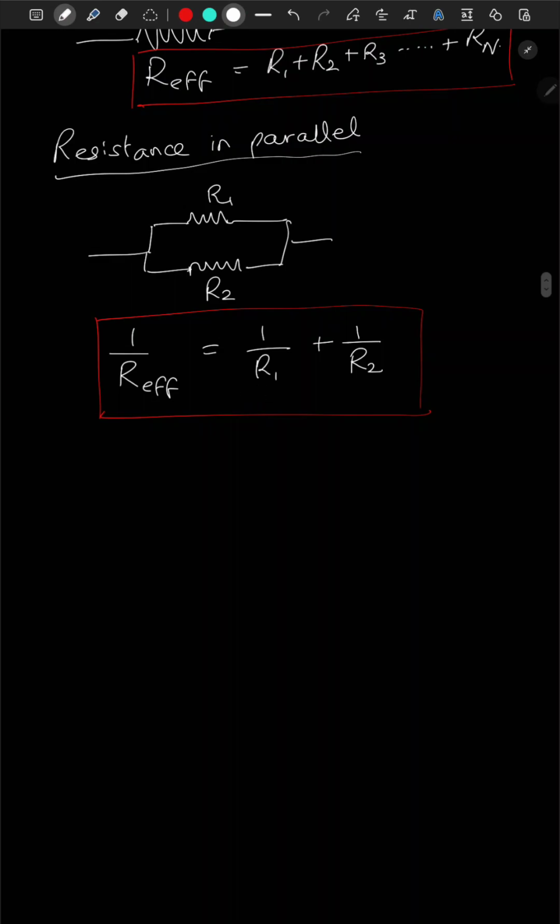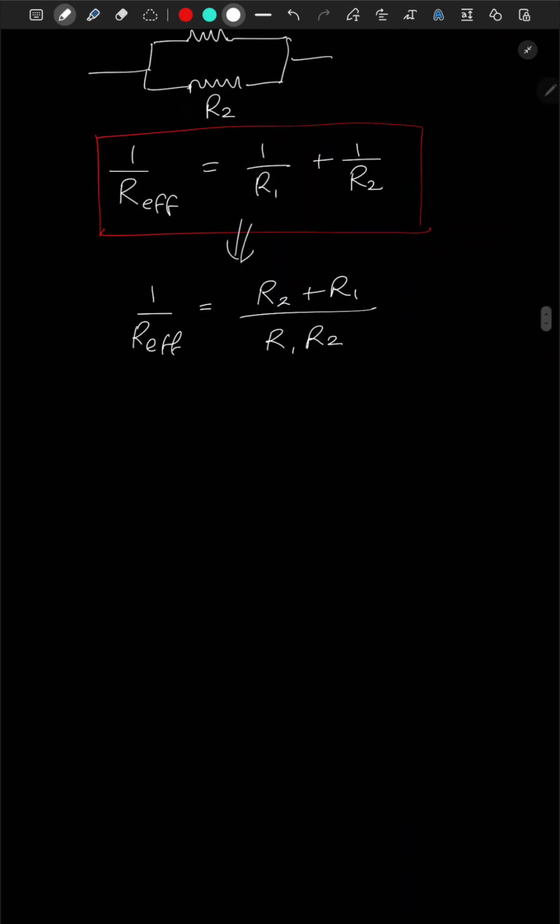Now we can simplify this. Okay, so we cross multiply. These are two fractions. When we cross multiply, we have R2 plus R1 divided by the product R1 times R2, and this is 1 over R effective. Therefore, to find R effective, it is just the reciprocal of this term.